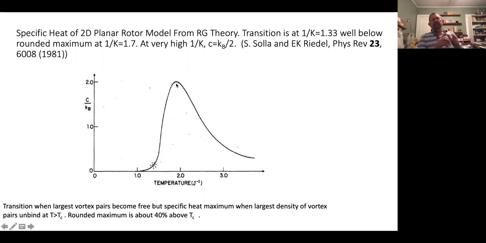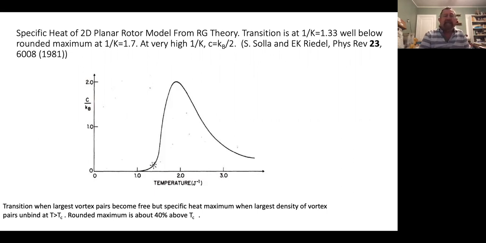And the reason for this is that the specific heat is actually the vortex specific heat. And so what's happening is that the entropy is being released, and it's the entropy of the vortices. Now, the phase transition is governed by the largest vortex-anti-vortex pairs, and there are very, very few of them.